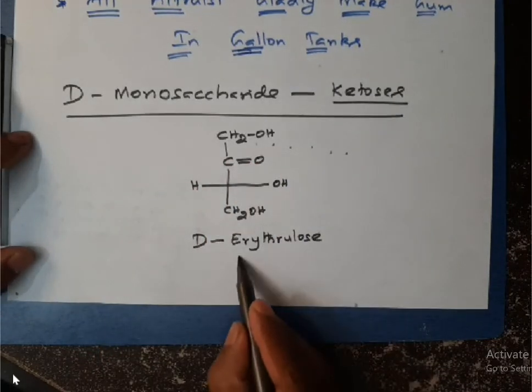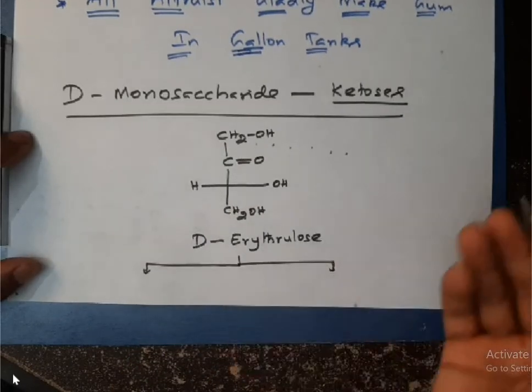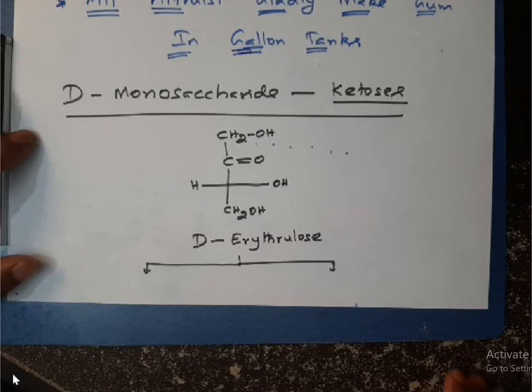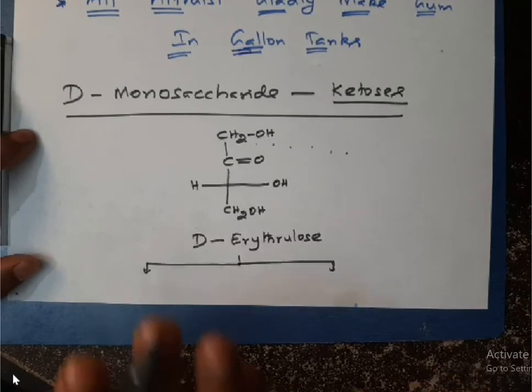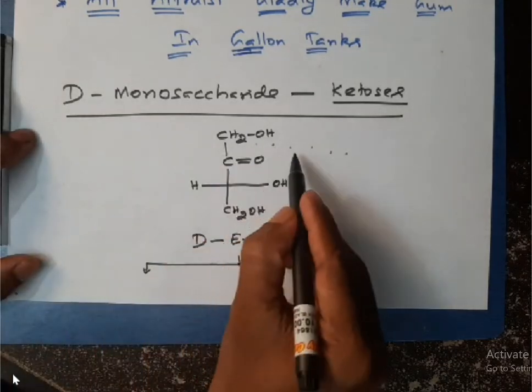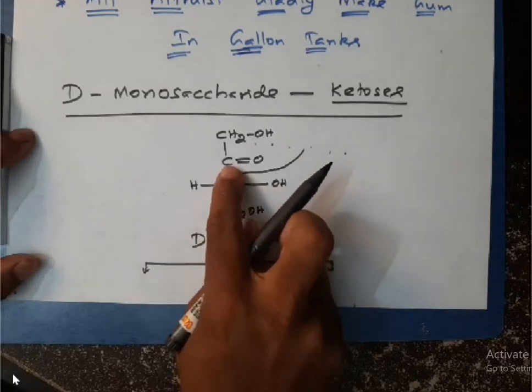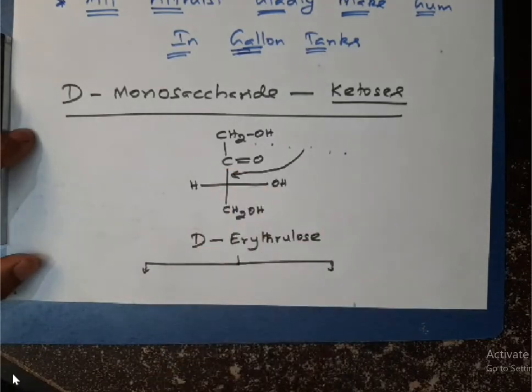Okay, now what to do, students? How to write the keto pentose? It is very simple. You have to introduce a new carbon here between the CO group and the next chiral center.